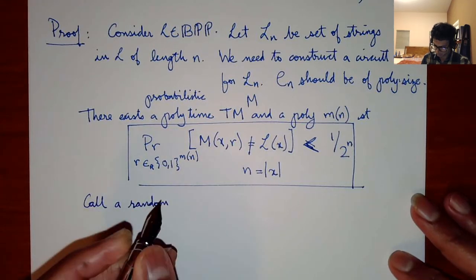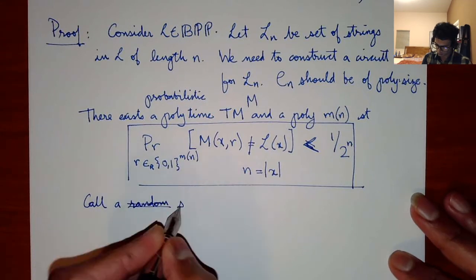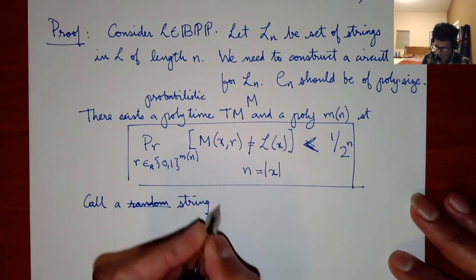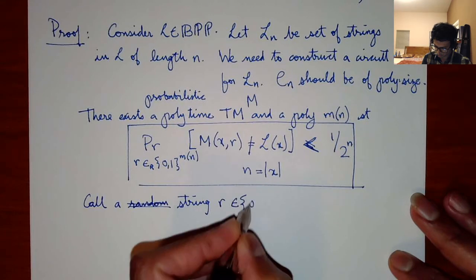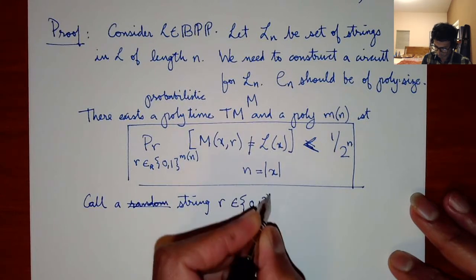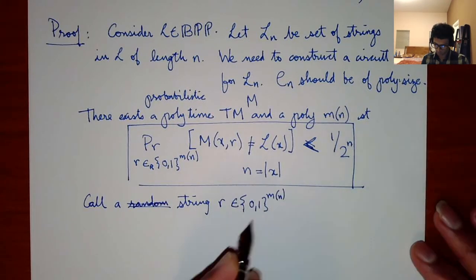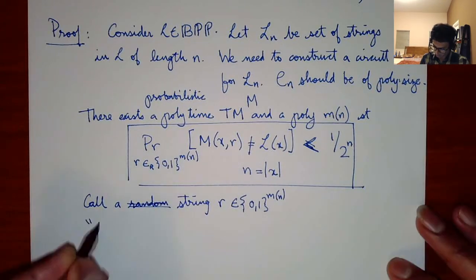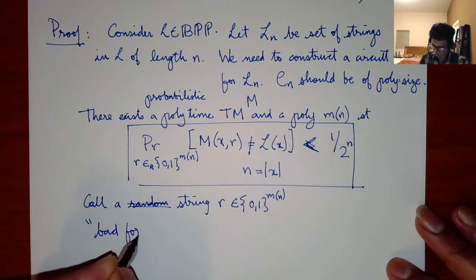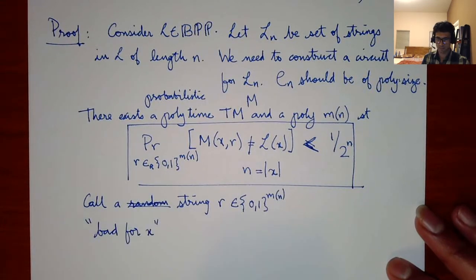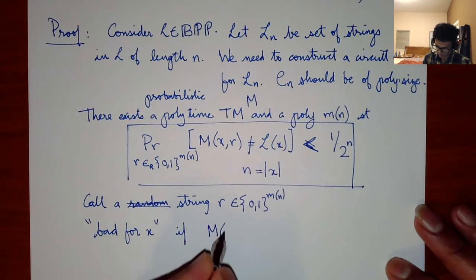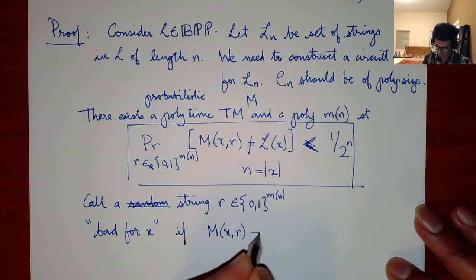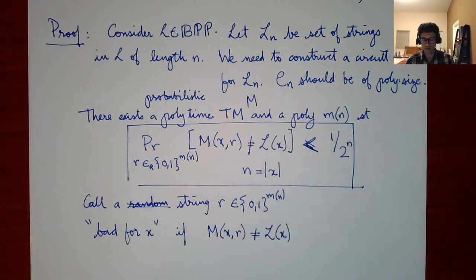Call a string R, the random seed that is being fed, bad for x if M(x,R) is not equal to L(x).